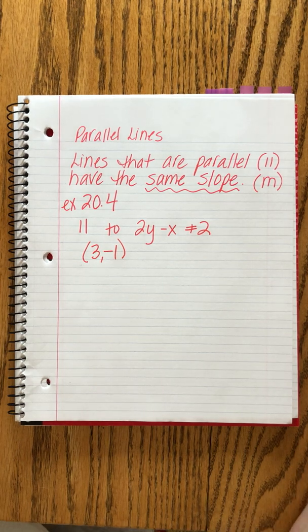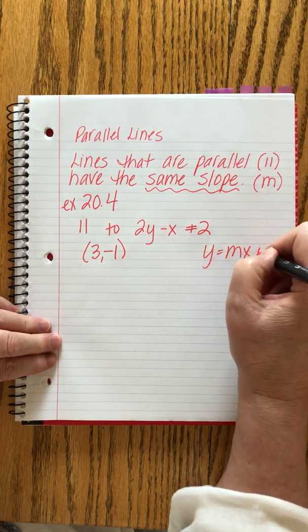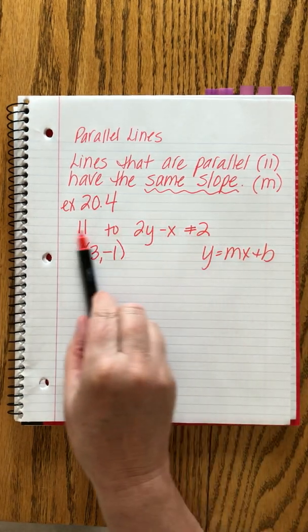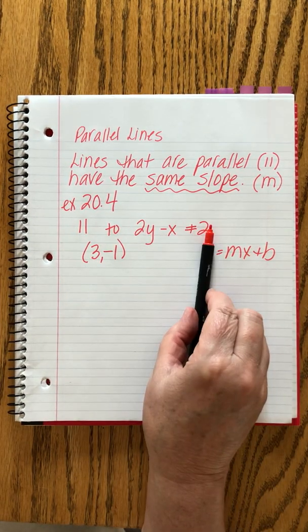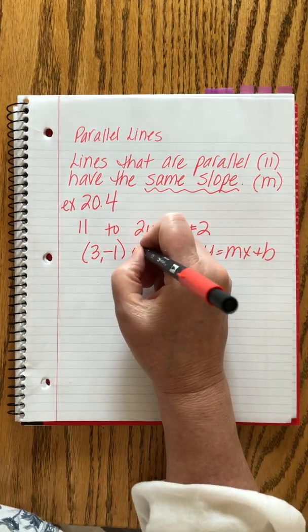Okay, so here's what we're supposed to do. We're supposed to find the equation of a line, y equals mx plus b. We know that our line is parallel to this line, and this pair of points is on our line.